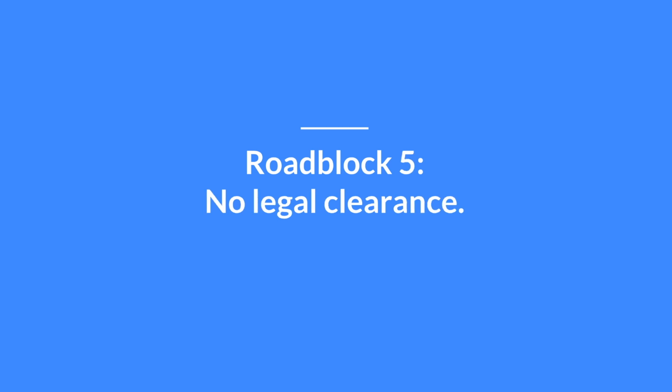The fifth is no legal clearance, which we've addressed by having the legal team prepare a list of guidelines and a proof of legal clearance with the local or global data protection laws.